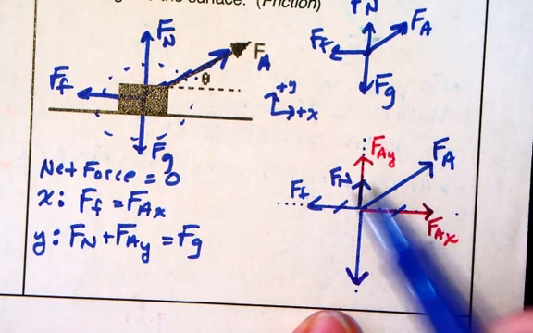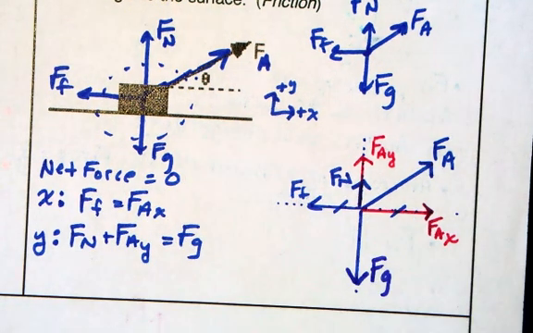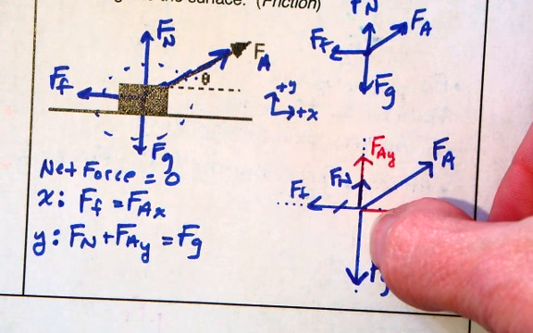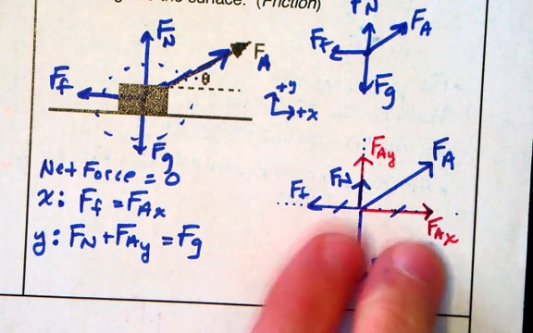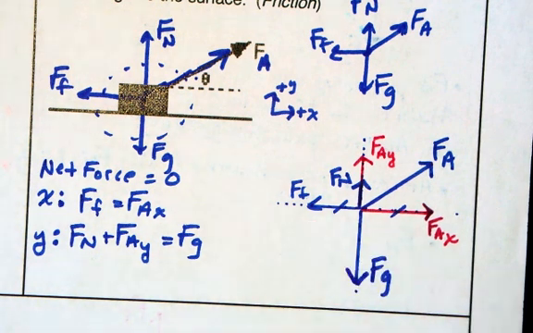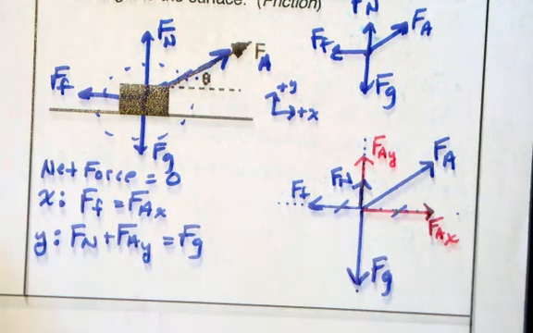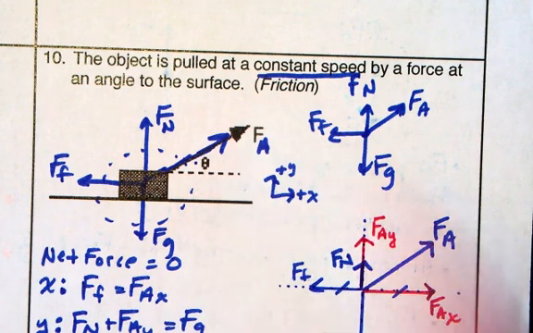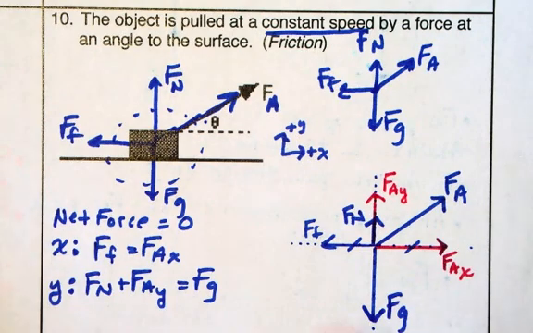So if I add these two vectors, this is my gravitational force. Okay? So what happens is the sum of these two is equal to the gravitational force. These two are equal. All right, now is my object at rest? No. It's just not accelerating. So it's in motion, it's just not accelerating. So that's why these are all equal.